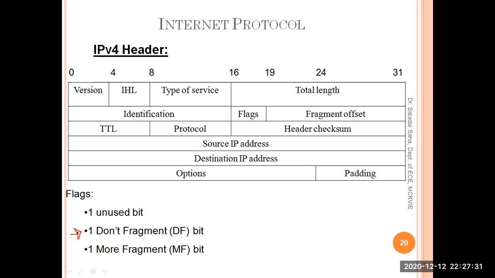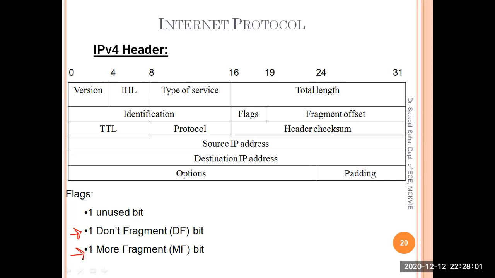If it is reset, then there is no instruction from the source and the router may fragment the packet. And the last flag is the MF flag, or more fragment flag. This MF bit is 1 for all the fragments except the last one. That means if the packet is divided into 10 fragments, for example, then the first 9 fragments will carry this MF bit as 1. That means there are more fragments to follow.